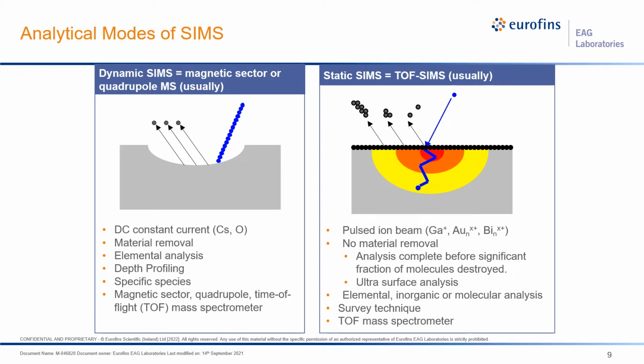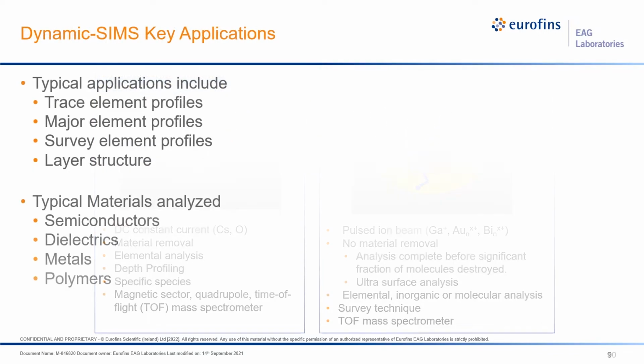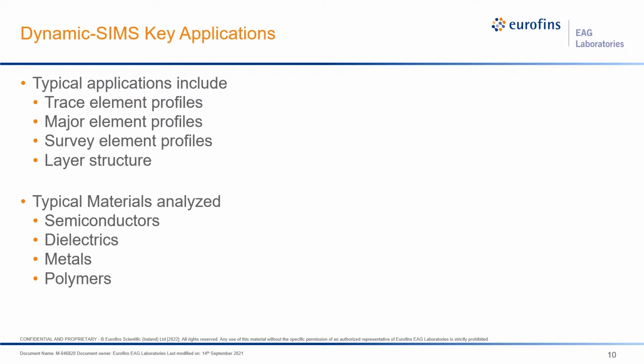You can do dynamic SIMS or depth profiling using all three spectrometers: magnetic sector, quadrupole, time of flight SIMS. But time of flight SIMS is mostly used for static SIMS for its capability of detecting molecular ions in high mass resolution. So the typical applications of dynamic SIMS are trace and matrix element profiling through the multi-layer structures.